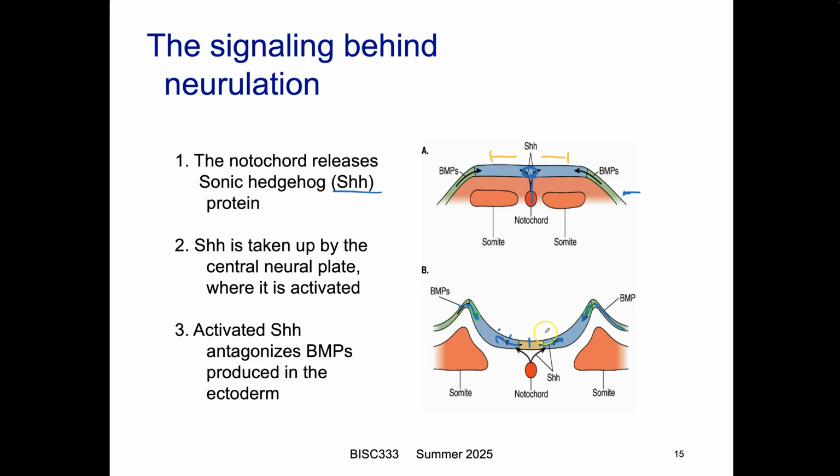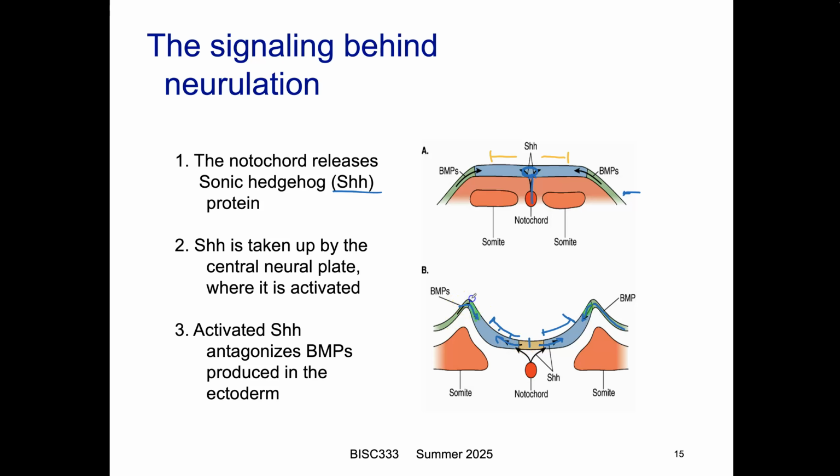Now, Sonic Hedgehog actually has sort of restrictive signals, so it's going to try to prevent too much expansion of the BMP signaling in this direction. So that's the overall. There's an antagonistic reaction between the expression of Sonic Hedgehog and the BMPs.